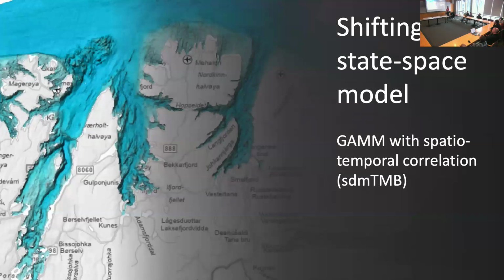And when we started this, we started with a non-spatial GAM using fjords as a discrete factor, and these fjords, as Fabian also mentioned, are quite heterogeneous. The bathymetry is different on a very small spatial scale.